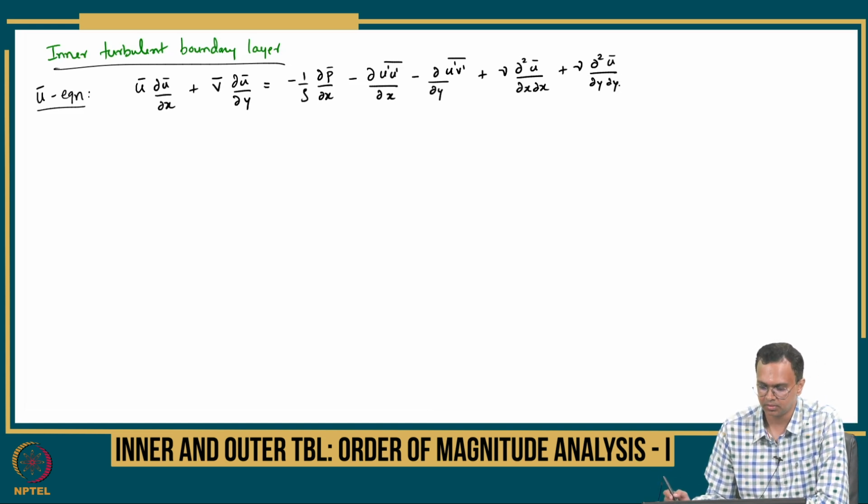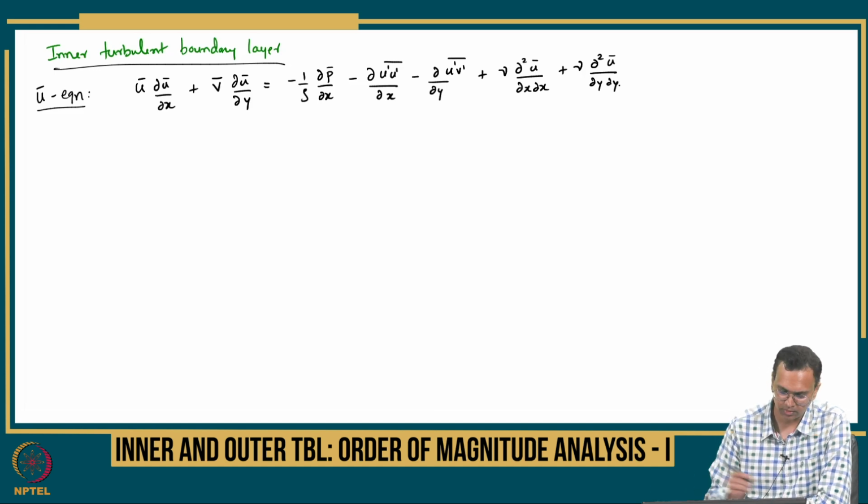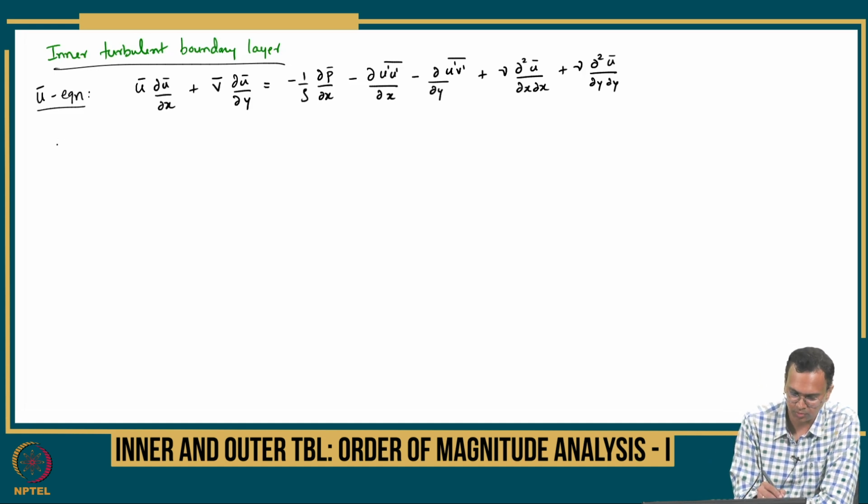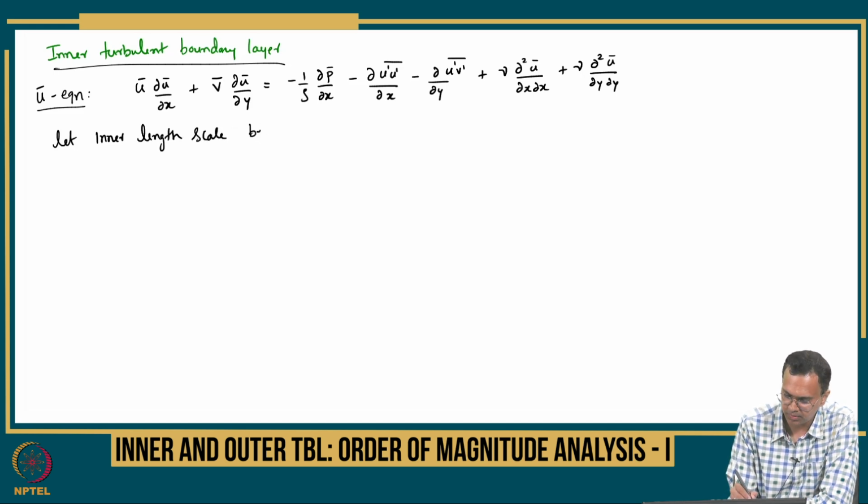So we just start with taking new scales here instead of what we used. For that we will define what is called an inner length scale and an inner velocity scale first. Let eta W be the inner length scale, much smaller than delta.